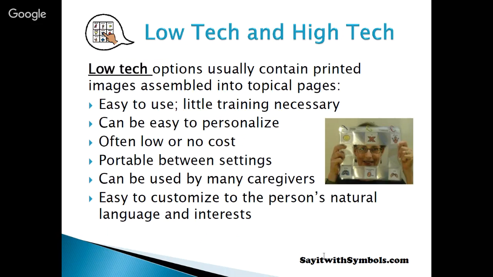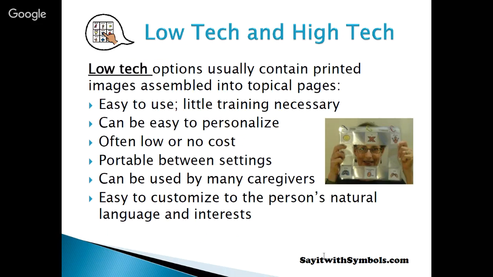Our portable communication book in particular is small photo album size, so it can go into a purse or a backpack or on a wheelchair bag. It can be used by many different caregivers, as when we talked about continuity of care between settings. Low-tech options are a good solution because they can easily port between settings where the individual is being cared for.